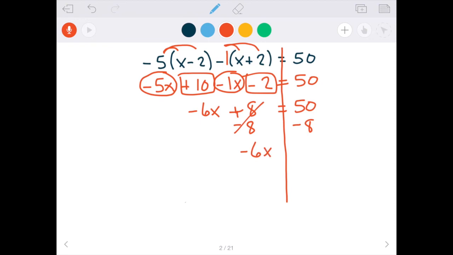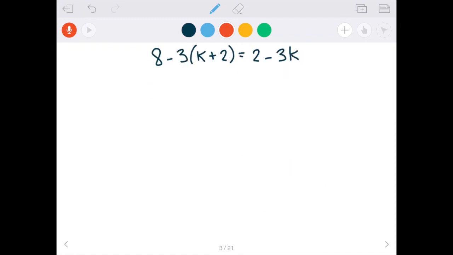I'm left with -6x equals 42. And my last step, to eliminate my coefficient of -6, I would divide both sides by -6, giving me x equals -7. Okay? Moving on to our second problem.